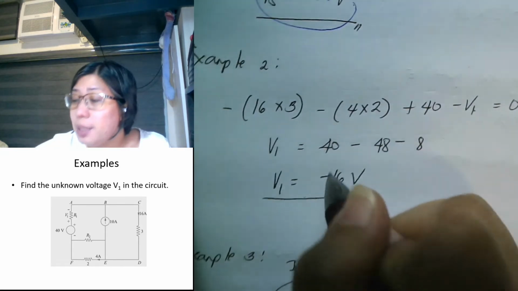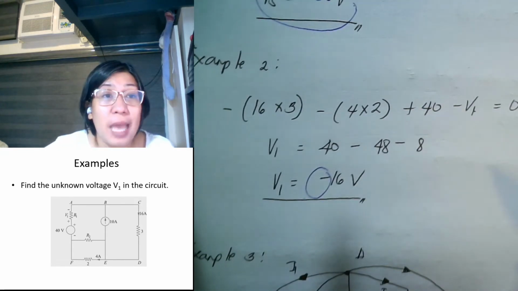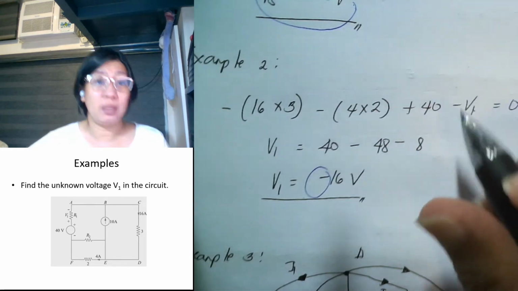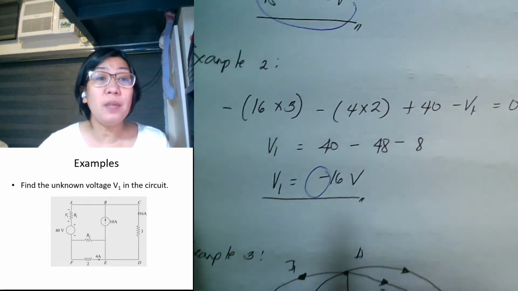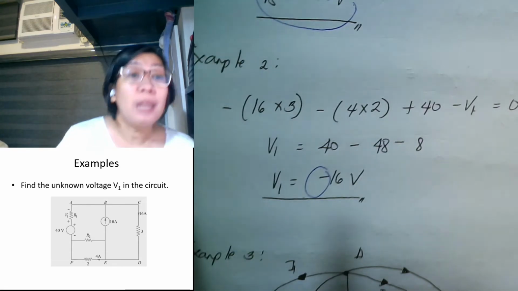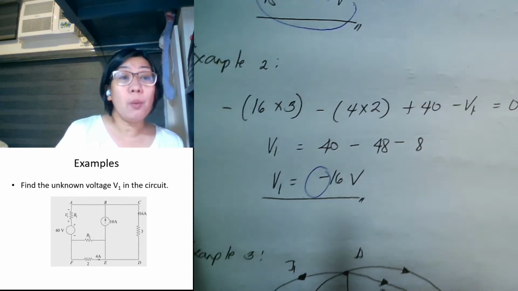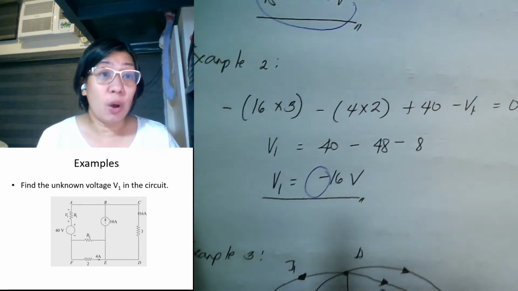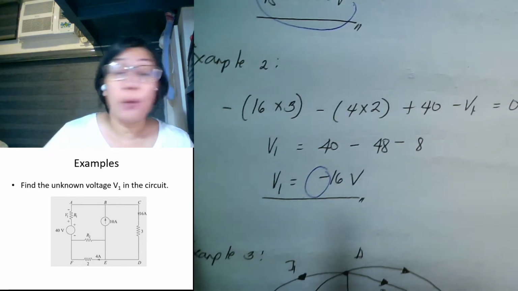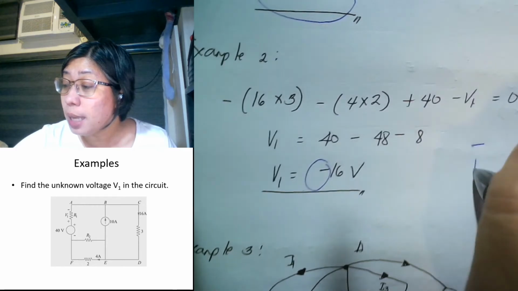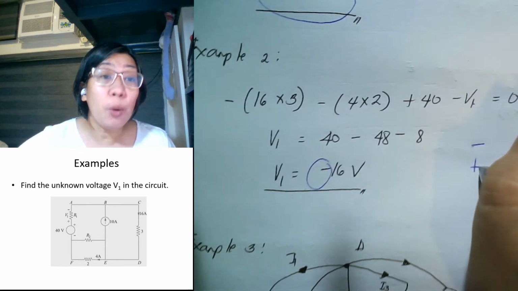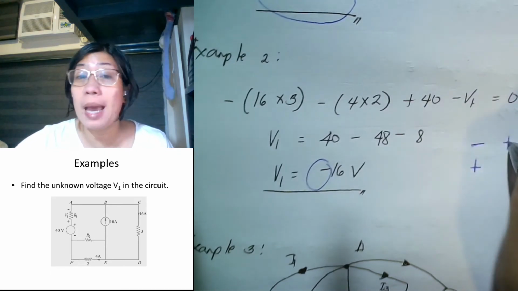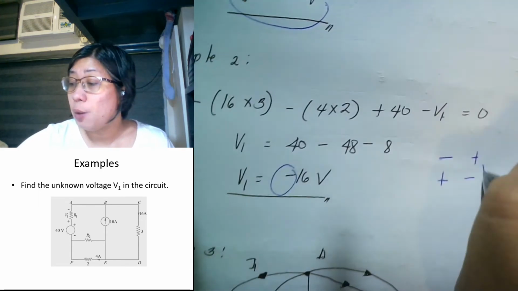In this case, we have a positive sign. What do we mean by a positive sign? The positive sign there indicates that we have assumed the direction for V1 wrong. So instead of minus and plus V1, the correct direction should be plus and minus V1.